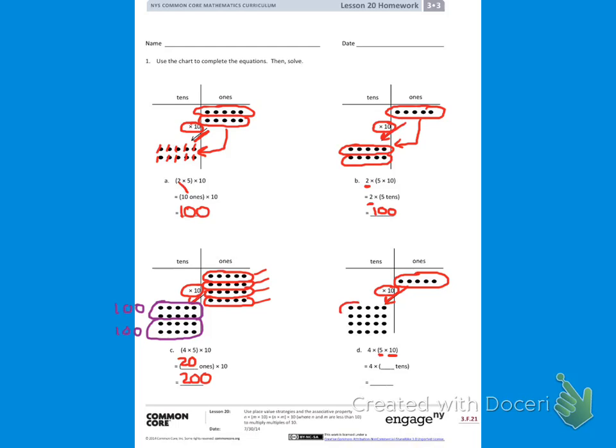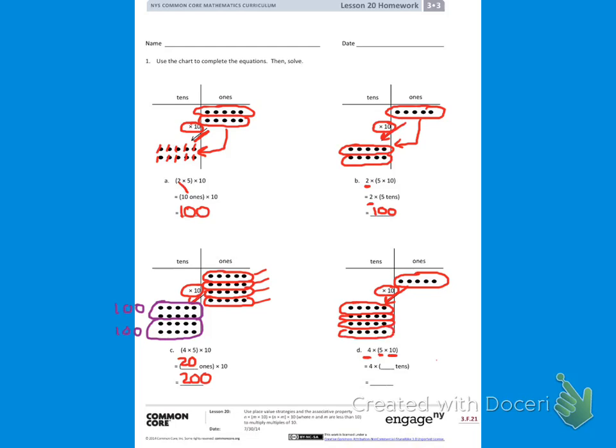So I'll circle this. All we did was transfer the one row of 5 ones into the tens column because we multiplied by 10. But as you know, by looking at the math problem, it wants us to do that 4 times. So we have to have 4 rows of those 5.